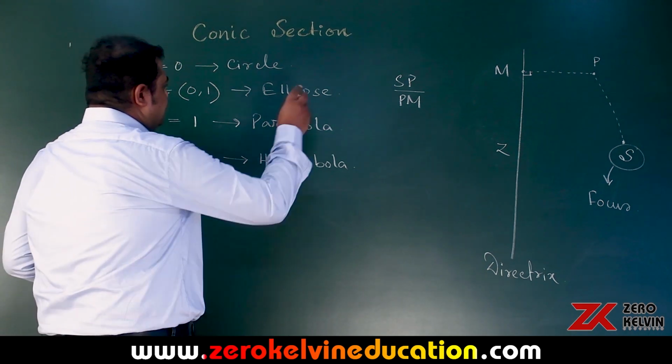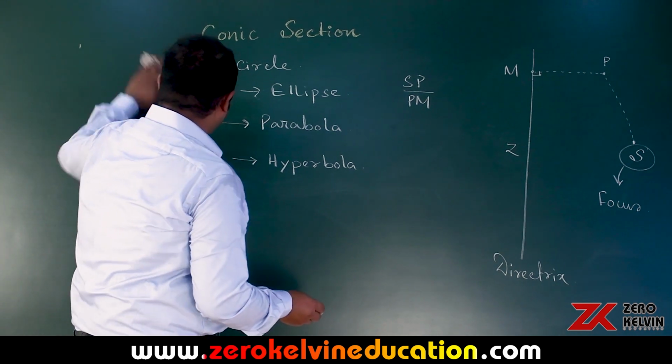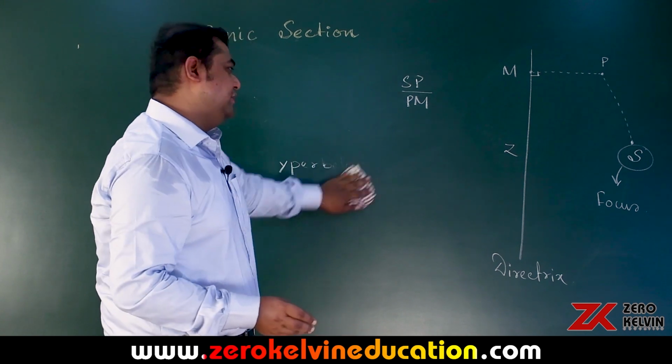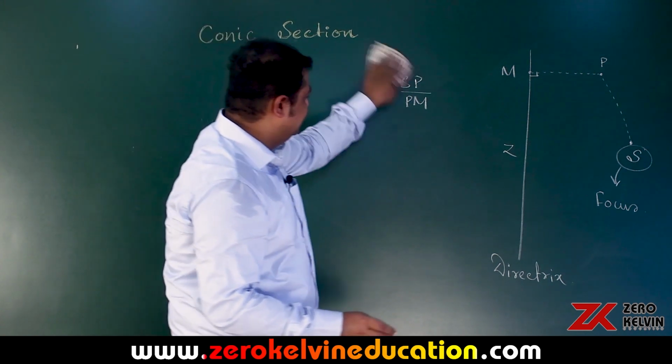Okay. So, on the basis of this ratio, now if I try to get to the algebraic representation of this conic section.